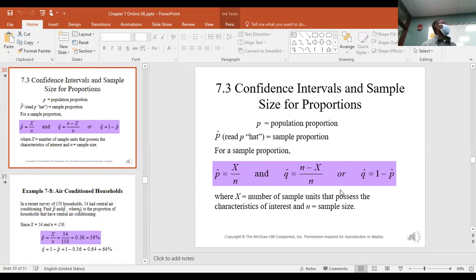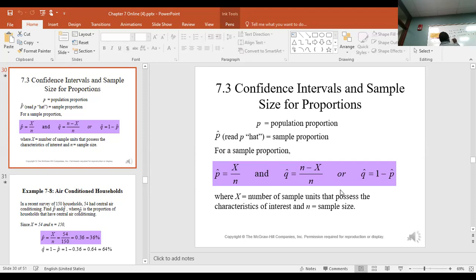Now we want to look at the confidence interval for proportion. So the sample proportion is p hat. If x is the number of successes, and n is the sample size or number of trials, then the sample proportion is p hat equal to x over n.